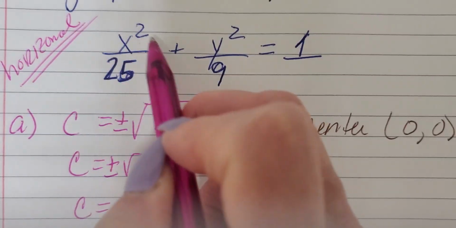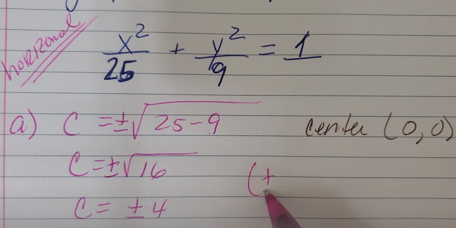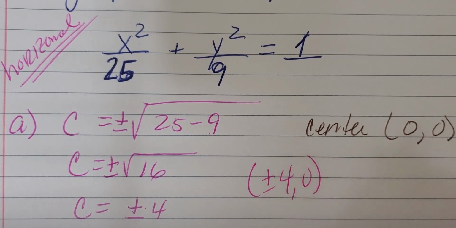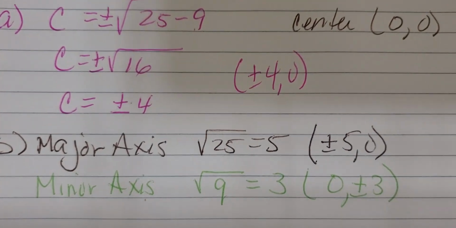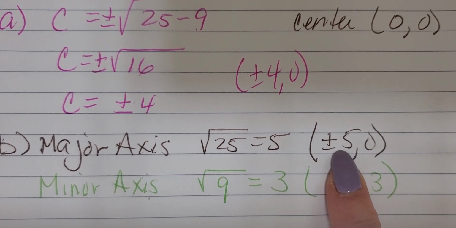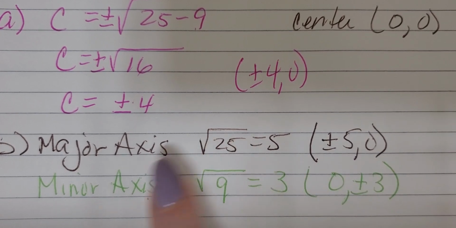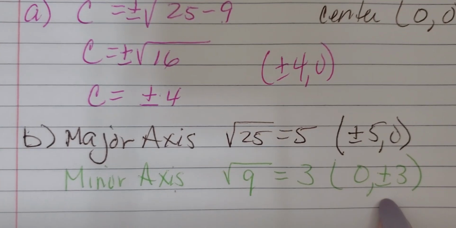Well, if you know x is coming first, then it's going to be plus or minus 4, 0. They're going to be inside the major axis. So what is the major axis? Well, here's the major axis. Because 25 is under x, those are the vertices, and here's the minor. Okay, so there's my b.